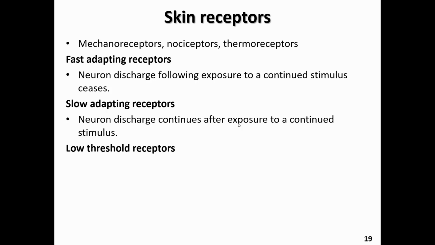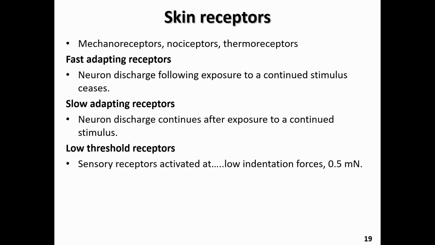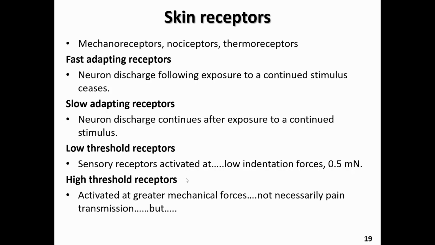Another category refers to sensory receptors as being low threshold, which means that from a mechanical perspective in the skin, low threshold receptors are neurons that will be activated at relatively low indentation forces in the range of about half a millinewton, which is a very light type of external contact. Contrast with high threshold receptors, which require a greater mechanical stimulus for these receptors to discharge.